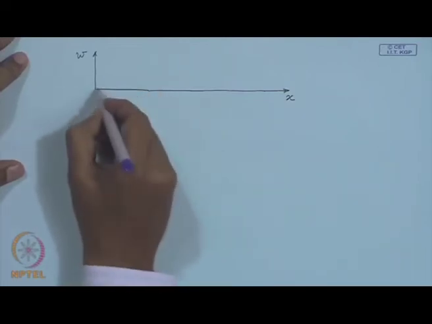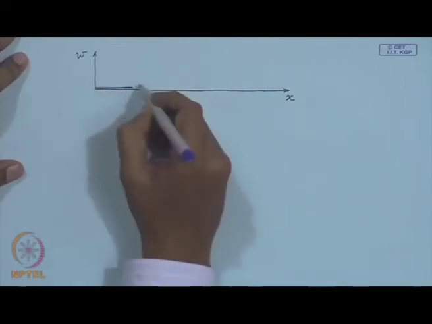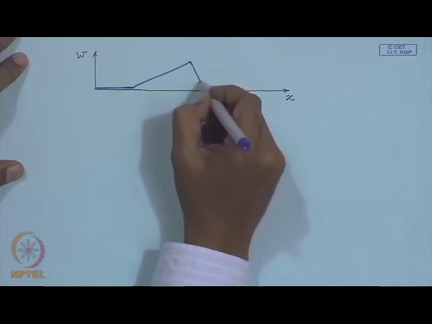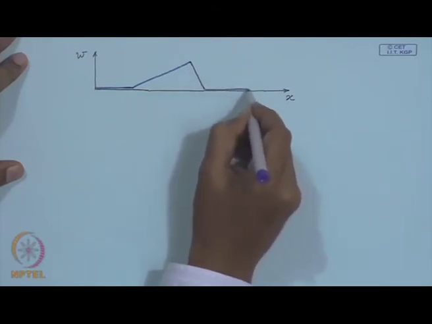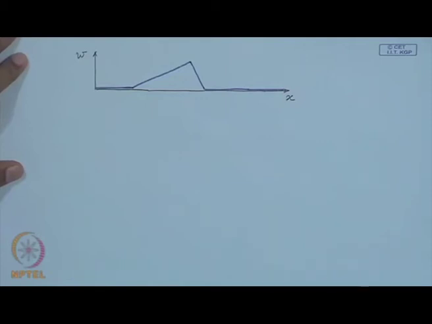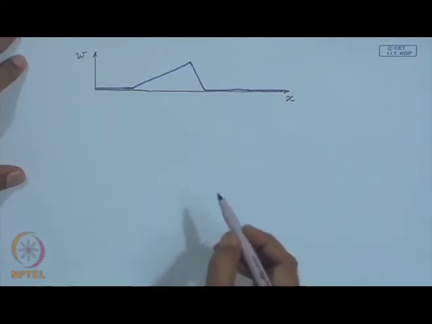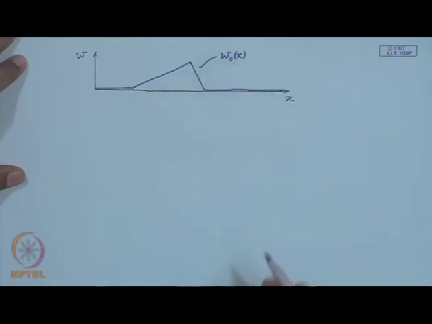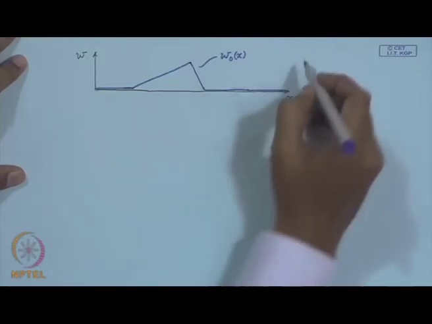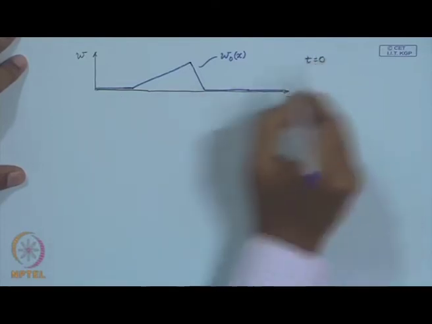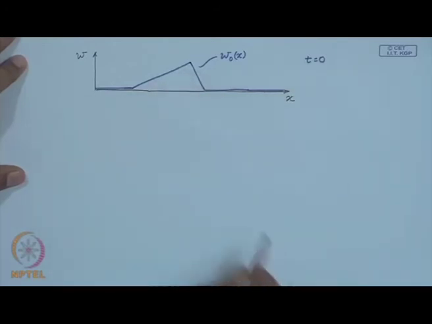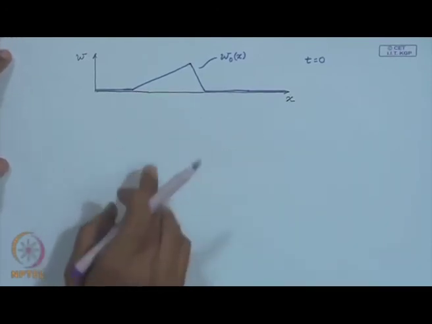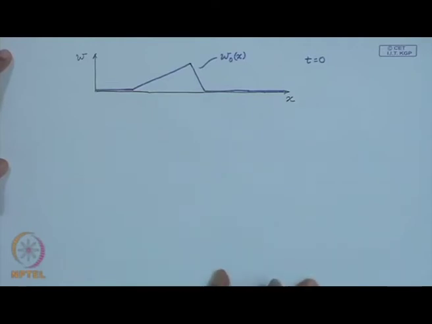Suppose the initial shape is given like this. So at time t equal to 0, this is the configuration of the system. Suppose you consider this to be a string. So, the shape of the string is like this.